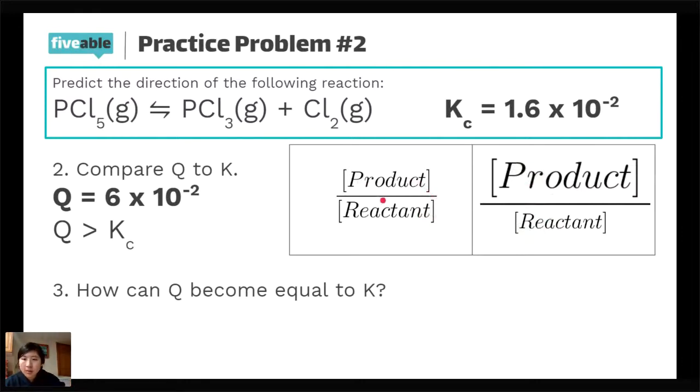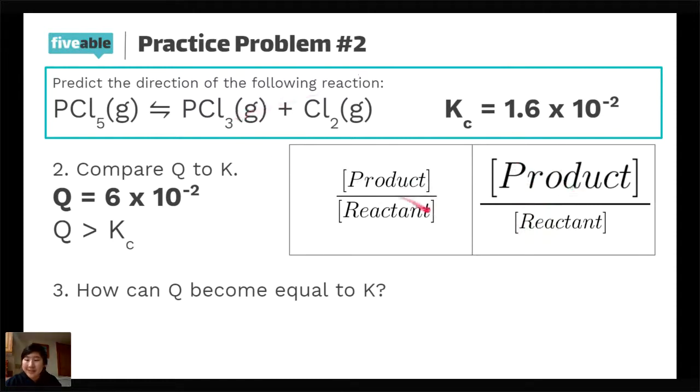So what kind of reaction needs to take place for the amount of product to decrease?